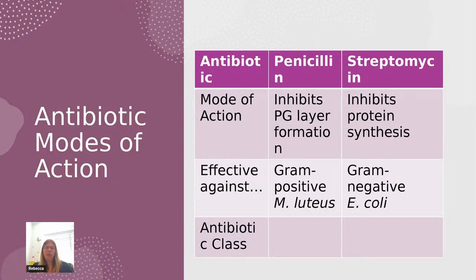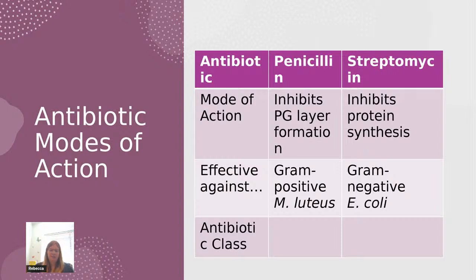Right? So if we inhibit the peptidoglycan layer formation, it's going to be more detrimental to a cell that has a large peptidoglycan layer rather than a small peptidoglycan layer. And our gram-positives are what have those large peptidoglycan layers. And streptomycin works better against gram-negative because it can get into the cell more easily from having that thin peptidoglycan layer.